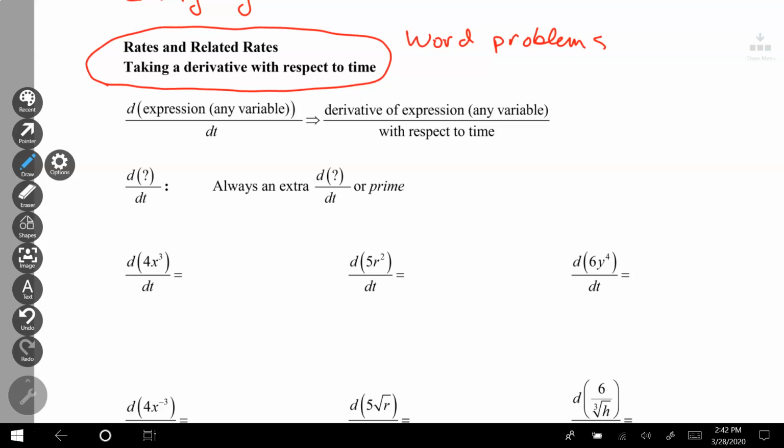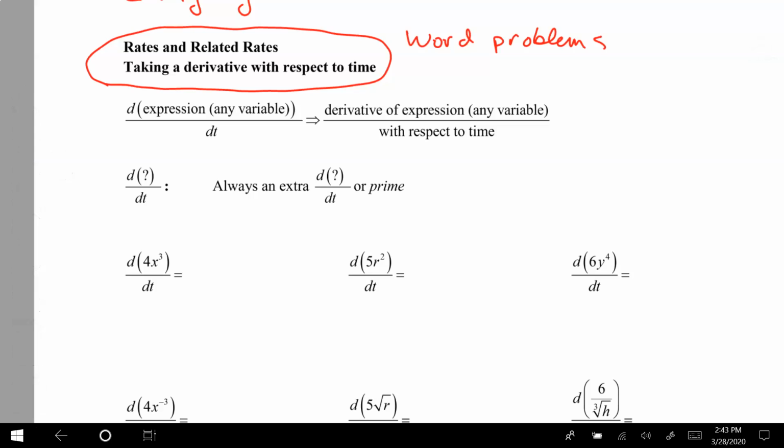Okay, we're going to take the d dt of something, the derivative of some expression, could be any variable, with respect to time. The dt in the denominator stands for with respect to time. Always going to put in the extra d something over dt.